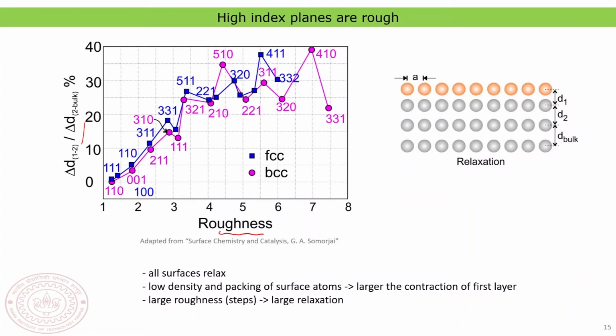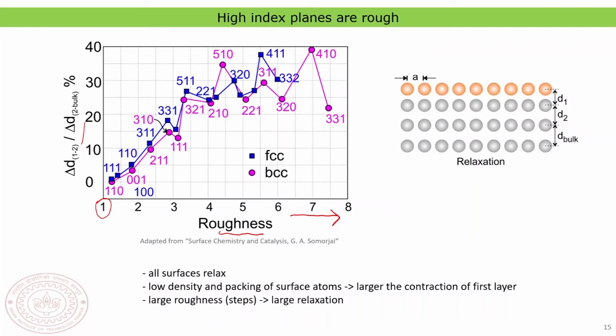Now, roughness 1 represents the FCC 111 surface, as we have already seen in the previous lectures, that the FCC 111 surface is the lowest rough surface, and therefore we are taking it as the lowest roughness surface, whose roughness is 1, and then as the index increases, the roughness also increases along the scale.